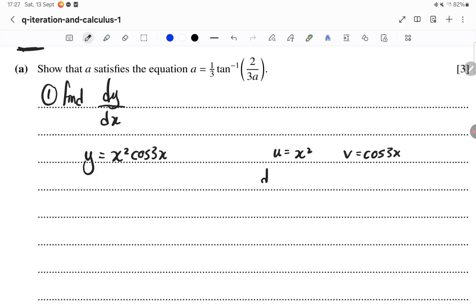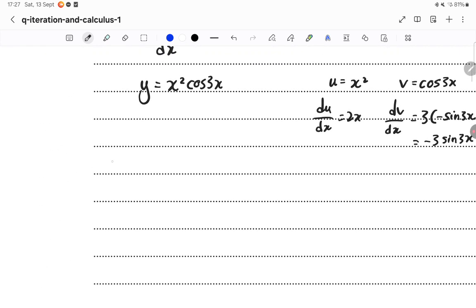Differentiating them, du/dx will give us 2x, and dv/dx: the differentiation of cos 3x will be negative sine 3x, which gives us negative 3 sine 3x.